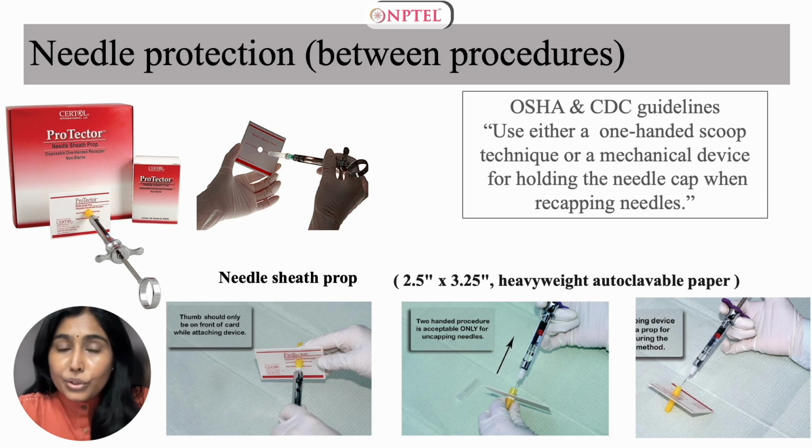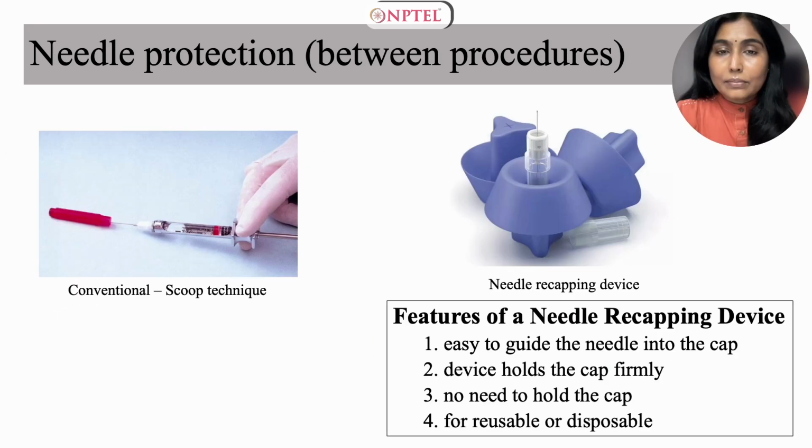This allows you to hold the cap securely with one hand while guiding the needle onto it to recap after administering an injection, like what is shown in the picture here. This promotes a safe one-handed recapping technique as recommended by safety guidelines.